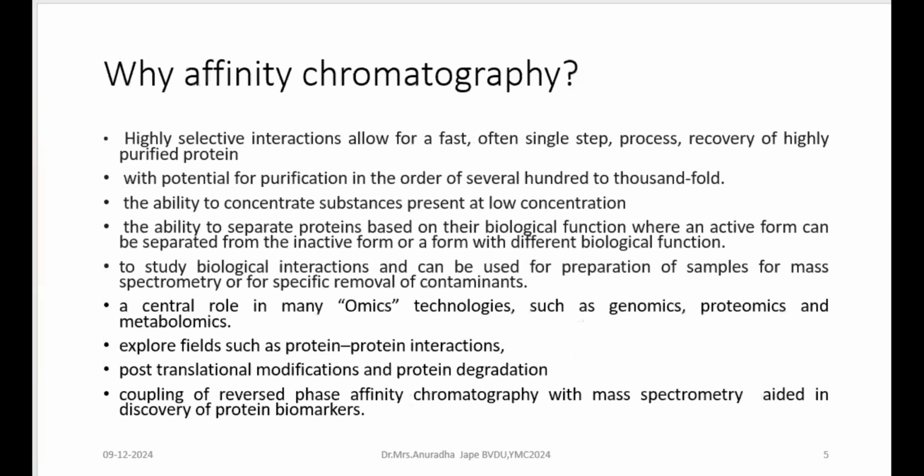Now, let's go to the point. Why should we go for affinity chromatography when we have different methods for separation and purification available? Why go into a principally very sensitive system, that is biological specificity?